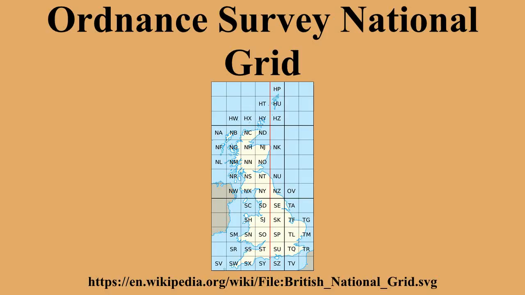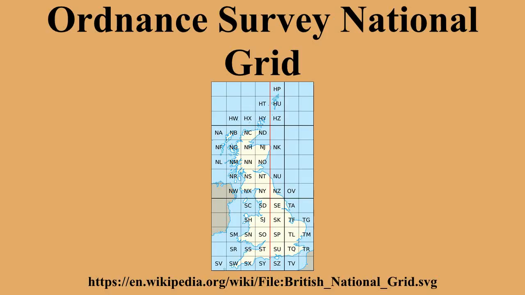The most common usage is the 6-figure grid reference, employing 3 digits in each coordinate to determine a 100 meter square. For example, the grid reference of the 100 meter square containing the summit of Ben Nevis is NN 166 712. NN has an easting of 200 km and northing of 700 km, so the OSGB36 national grid location for Ben Nevis is at 216,600, 771,200.